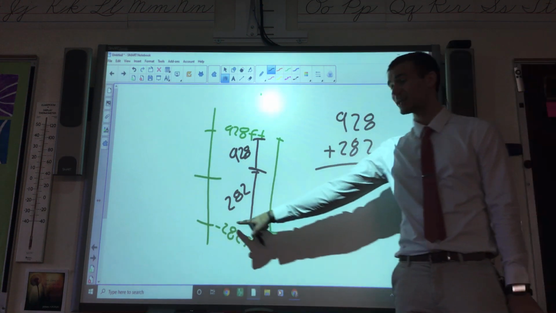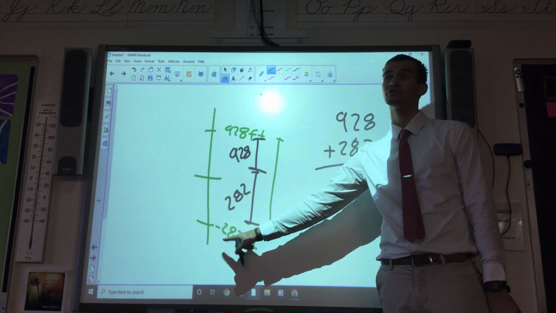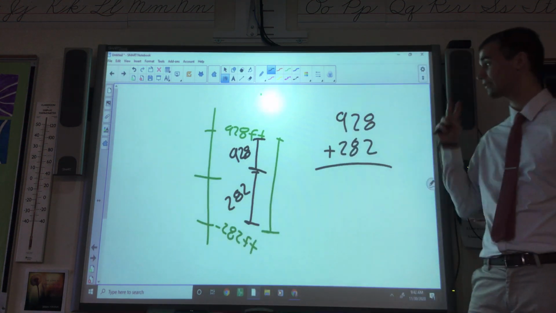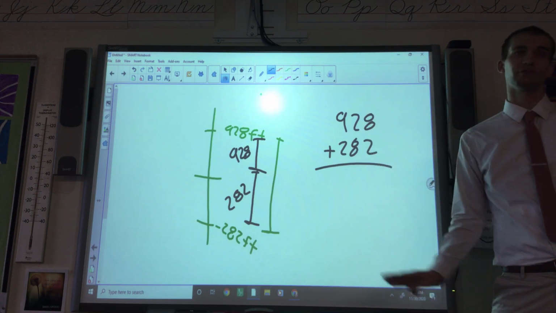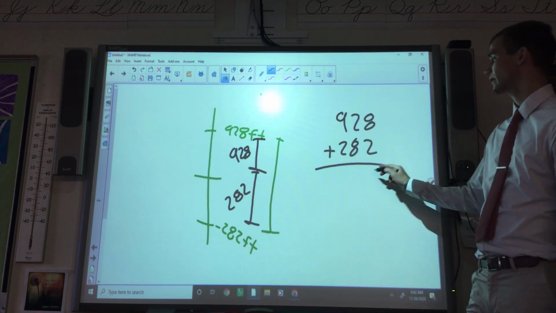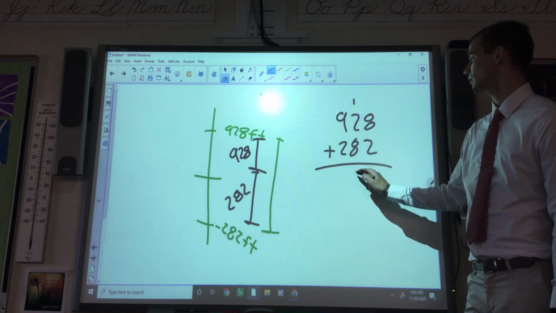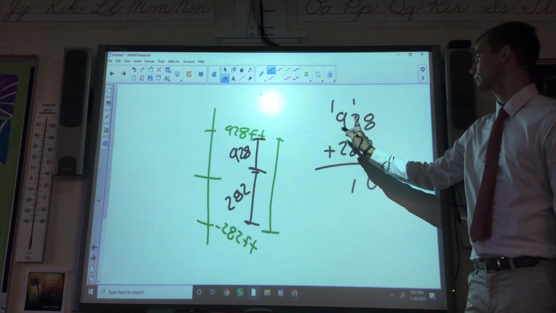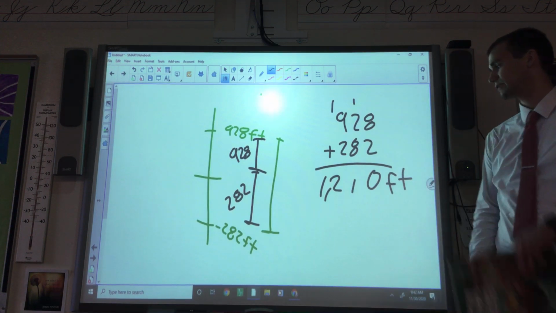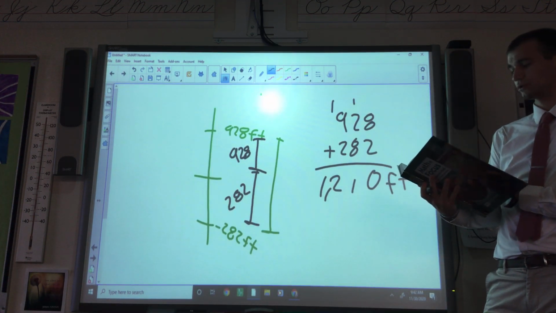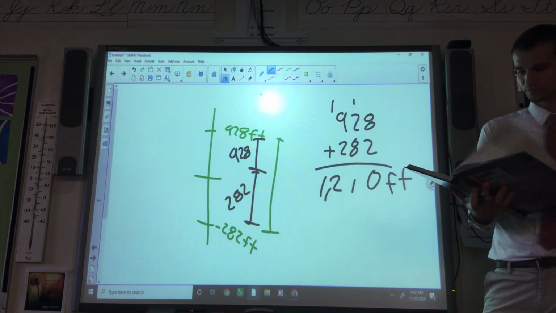But this number is not 282, it is negative 282. So when you add, quote unquote, add the two of them together, you have to make sure both of them are positive because they're both being the distance from 0 you're adding together. That's 1,210. And what's the distance? It's in feet, so 1,210 feet.